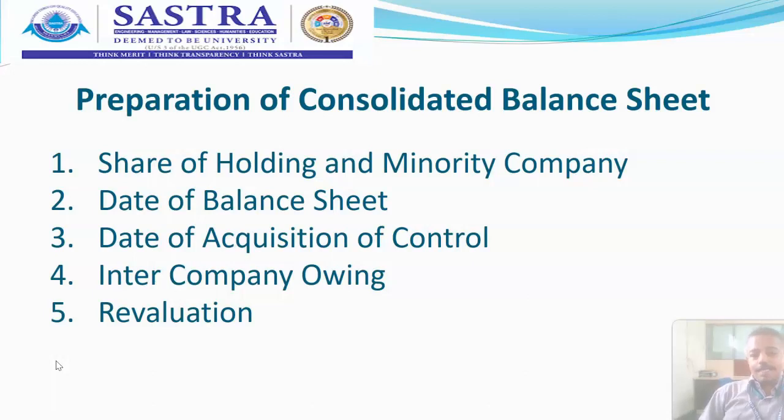However, the assets and liabilities are straightforward, that is, added line to line. And the combination of share capital, reserves and accumulated losses are not directly added in the consolidated balance sheet.